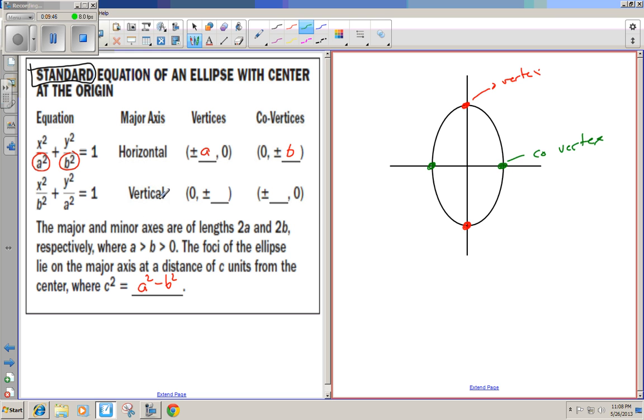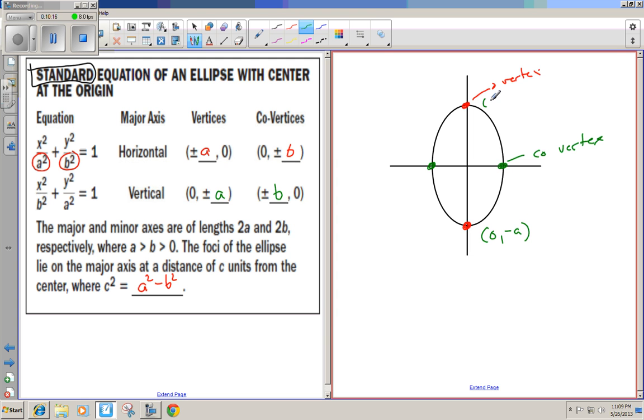So what we're looking at for this is that for a vertical one, this should be plus or minus a here, plus or minus b for the co-vertices. So that means right here, for the vertices of a, this should be 0, negative a.